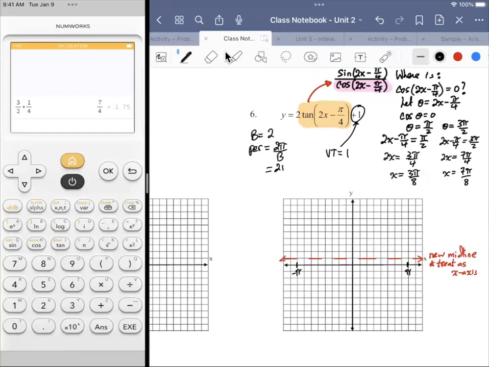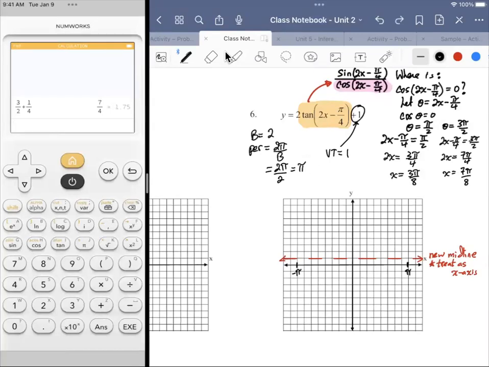So 2 pi over 2 is equal to pi. And what that tells me is I get everything I need in terms of the attributes of the tangent function between 0 and pi. I actually am okay going from negative pi to pi because I should get an entire tangent wave in that period anyway.